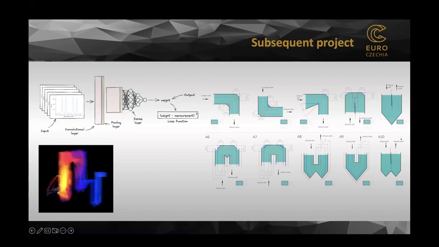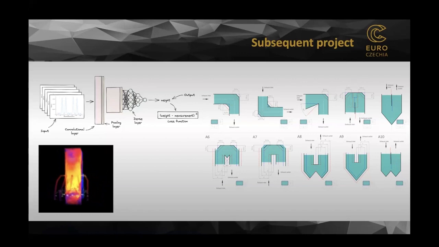So for all those different shapes, for all different sizes, all different compositions of the exhaust gases, all the velocities, there were many parameters. So we had a lot of synthetic data from the CFD to train our neural networks.